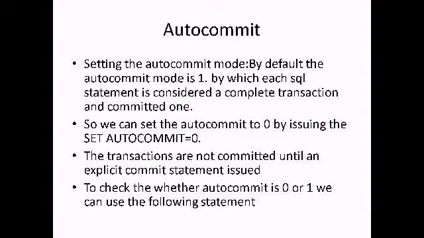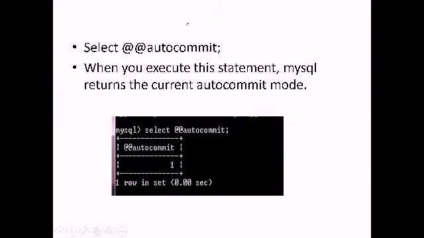To check whether autocommit is 0 or 1, we can use the following statement. First we need to check whether the autocommit mode is in 0 or 1 state, that is on or off. For that we use SELECT @@autocommit.